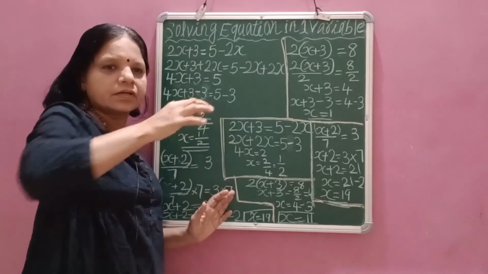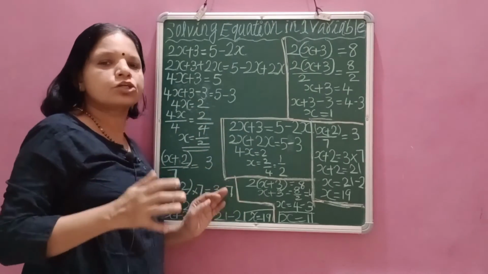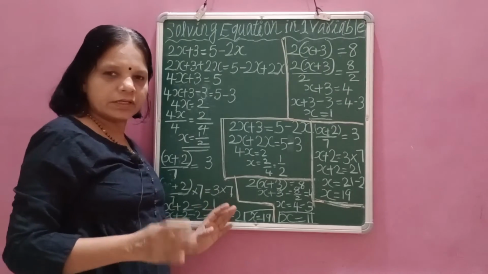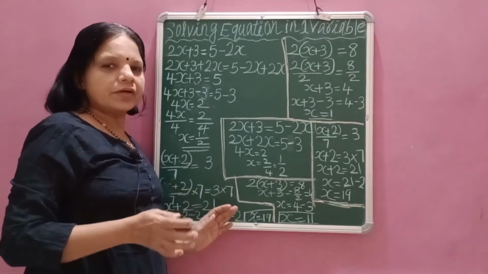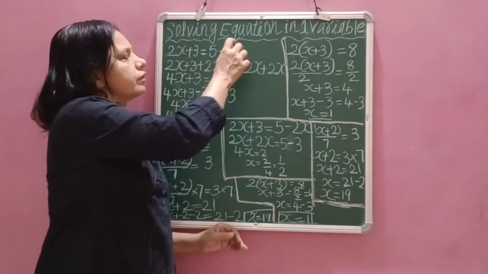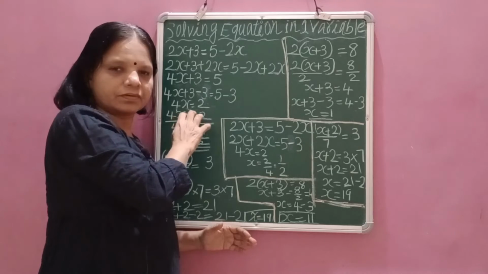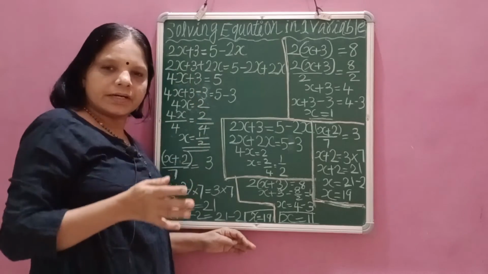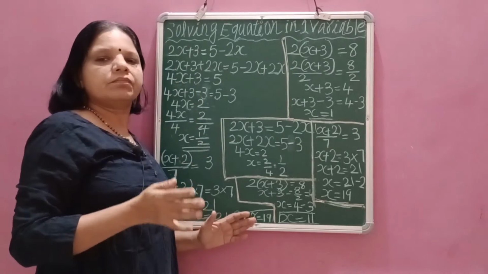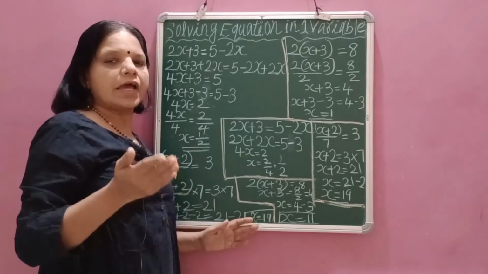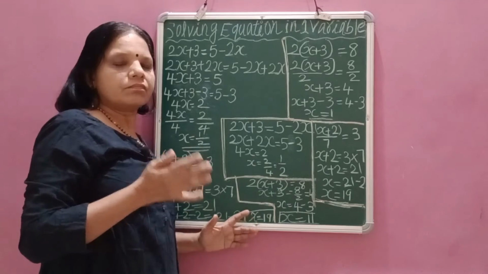From this we can generalize another rule, another shortcut. What is that? By property of equality only we are getting this. Whenever the term changes the side, addition becomes subtraction, subtraction becomes addition, multiplication becomes division, and division becomes multiplication.